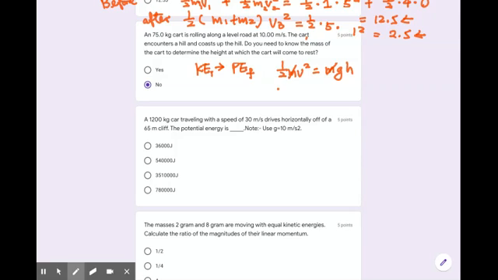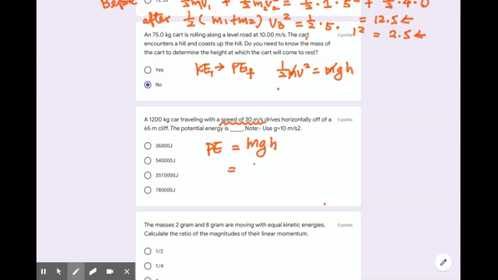Next, a 1200 kilogram car traveling with a speed of 30 meters per second drives horizontally off a 65 m cliff. The potential energy is, okay, so here we don't need the speed because our potential energy is mgh.